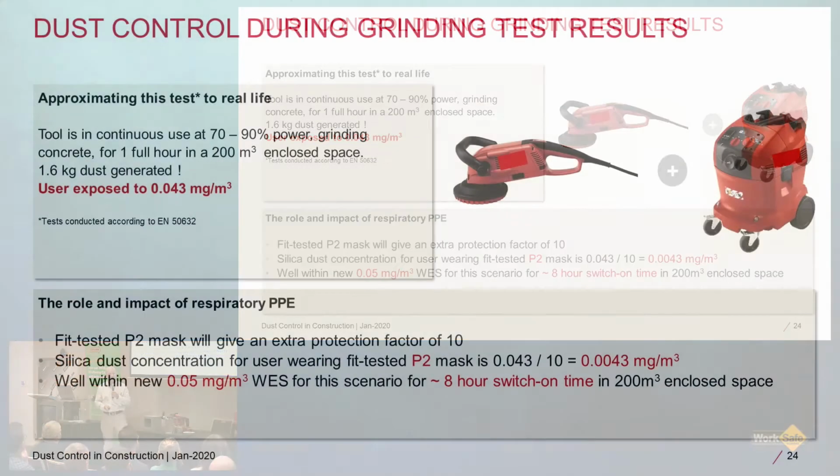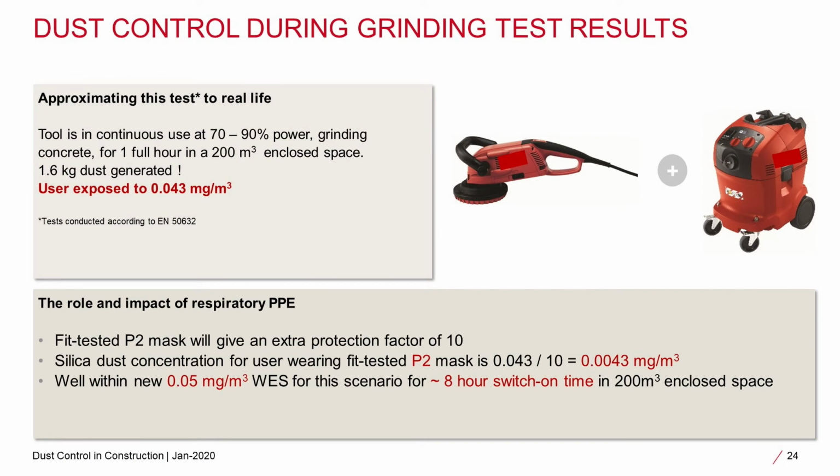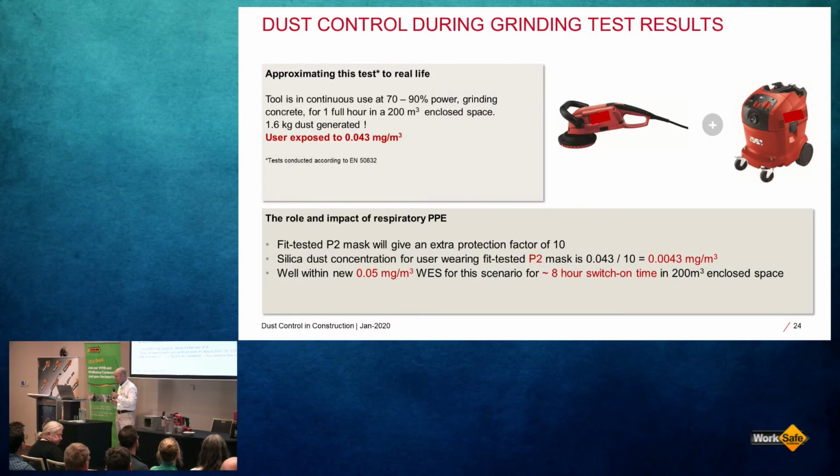This concrete grinding situation is a very good news story, because if you have the right gear, it's a very easy problem to control. So in the test that we've done with concrete grinders, really working the machine at about 90% power for an hour period, it generates a lot of dust, 1.5 kilos of dust.